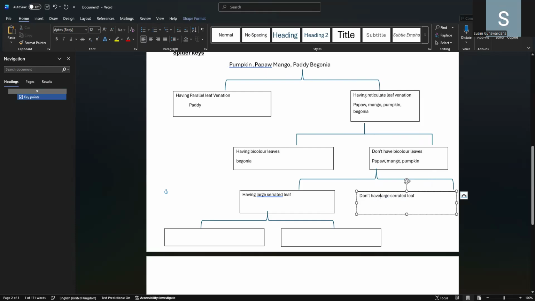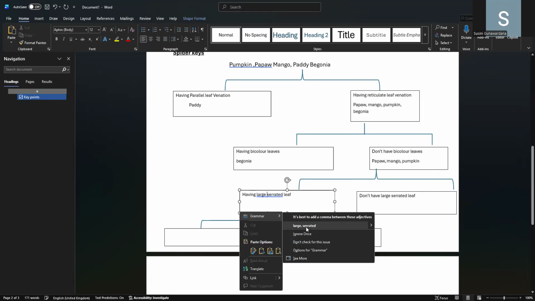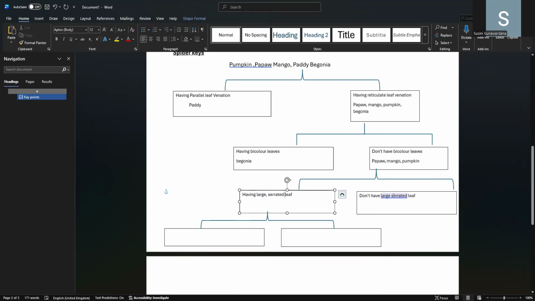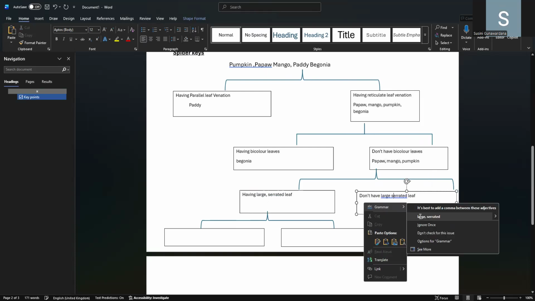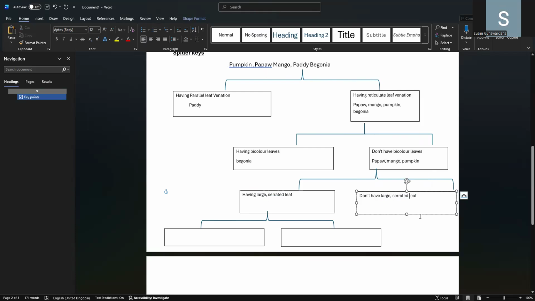Okay. Which leaves are large and serrated? According to this one, normally pumpkin. Do you know the meaning of serrated? Serrated means they don't have a normal round or oval leaf shape. They may have a kind of, wait, I will draw it for you.